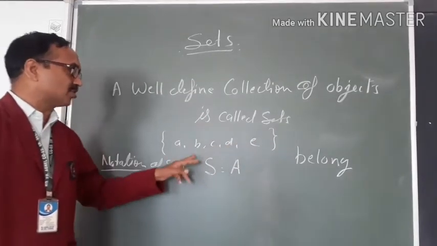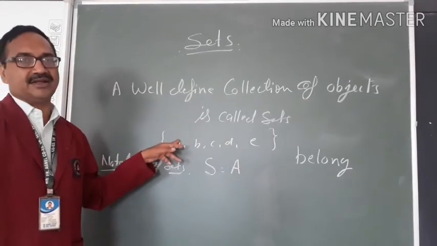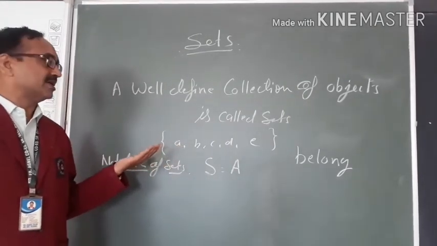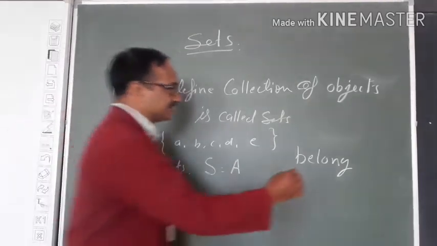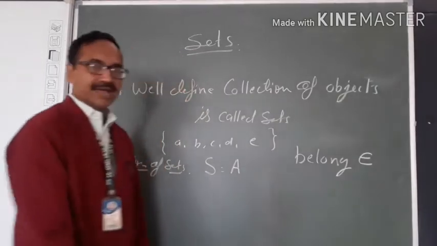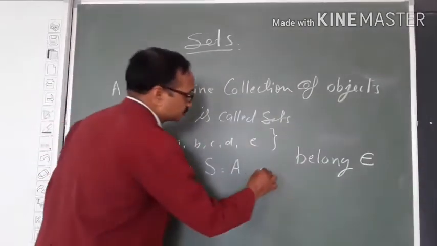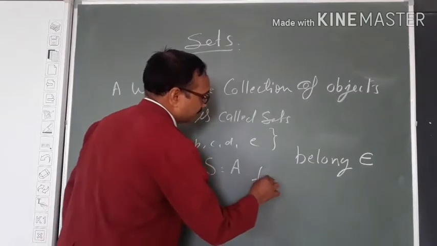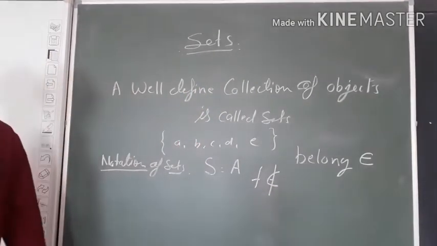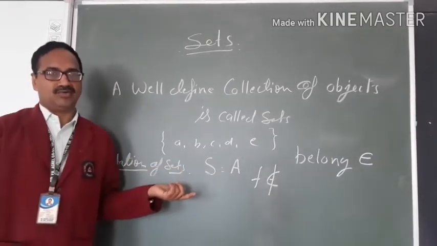E is an element of this set, so E belongs to this set. But F is not an element of this set, so F does not belong to the set. So this is the meaning of belong or not belong.